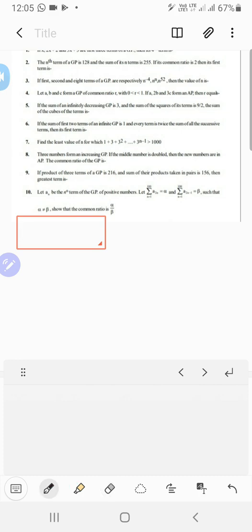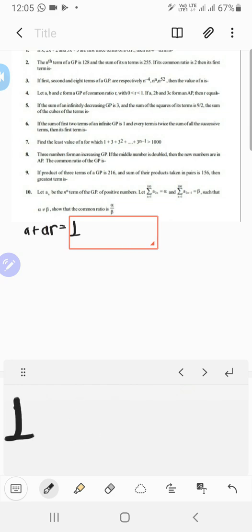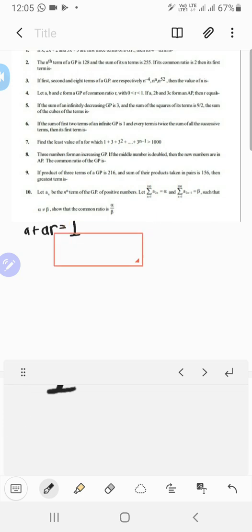Okay, if the sum of the first two terms of an infinite GP is 1, that means that a plus ar, these are the first two terms, this sum is 1. And every term is twice the sum of all successive terms. Then its first term is, wow, this is weird.